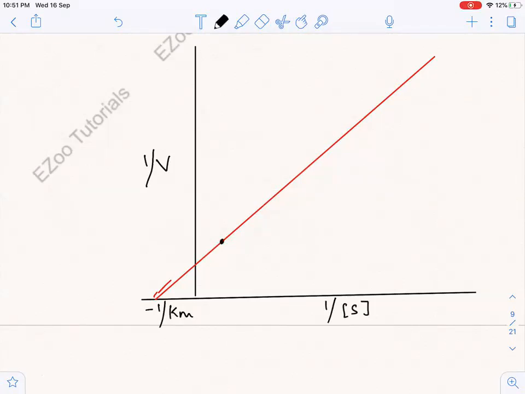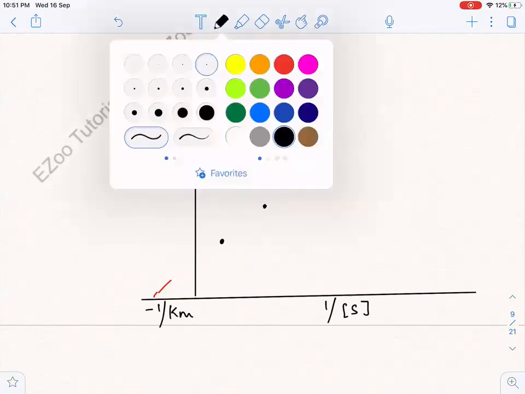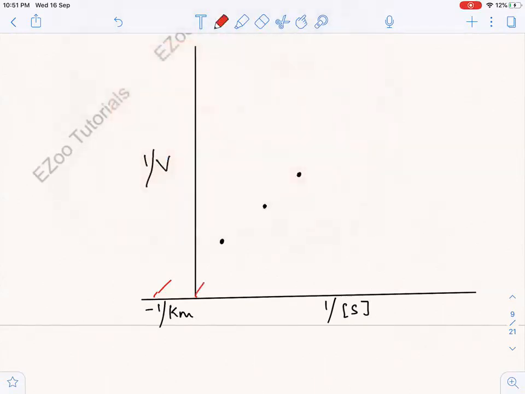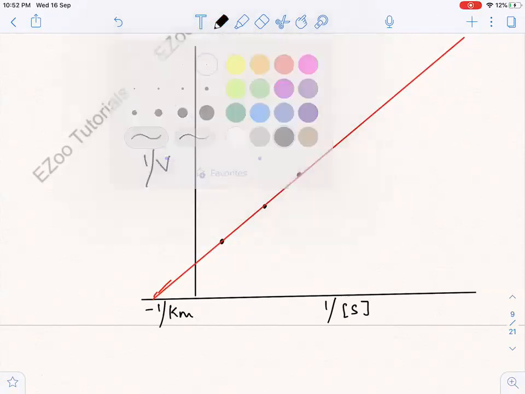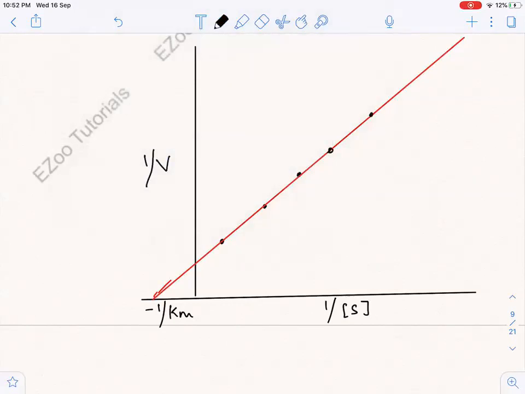And these are the various points that we get.